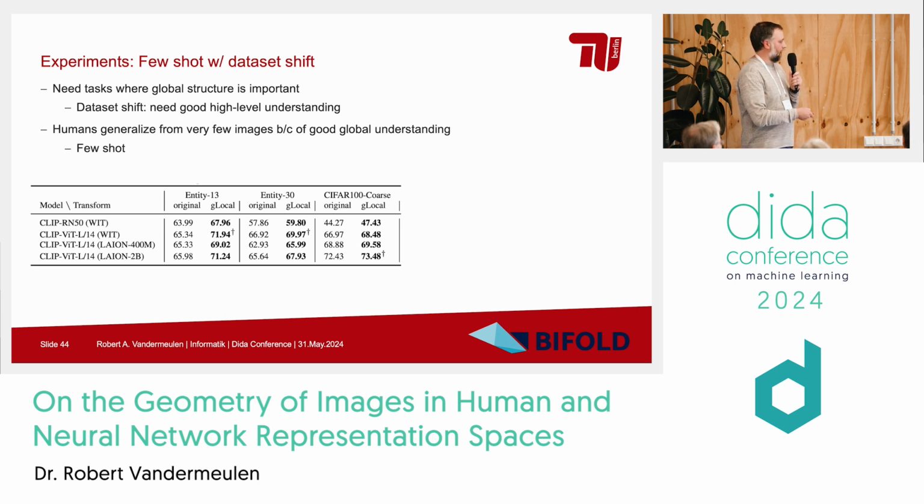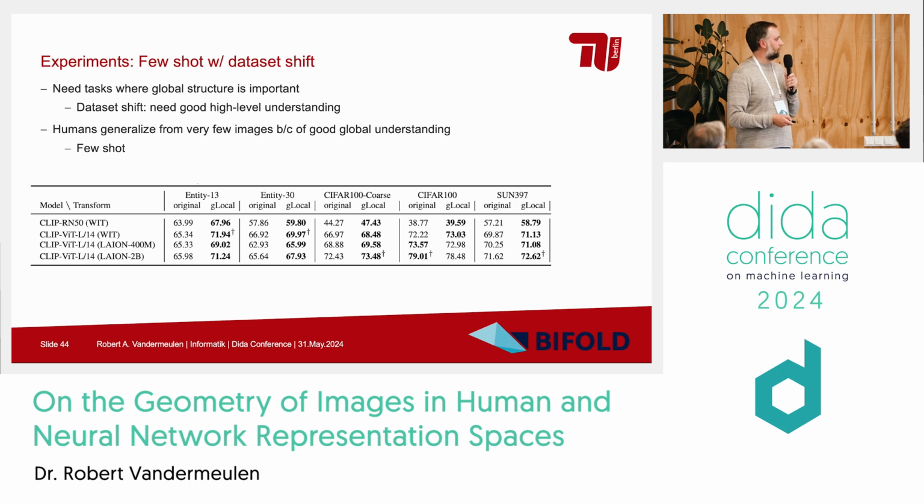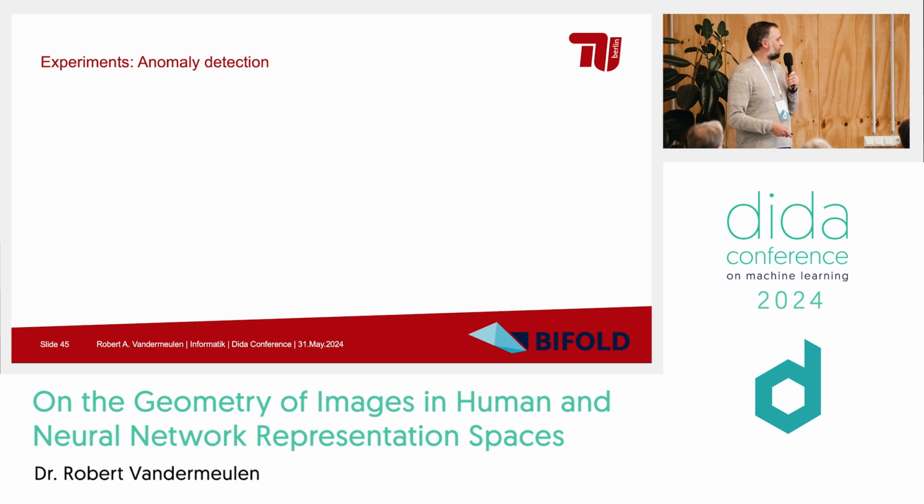Again, our image text models are doing the best. And for regular old CIFAR 100, it doesn't do the best anymore. We really need this sort of global structure to be part of the problem that we're interested in for this to improve things. There's SUN 397 and DTD. I'm not going to get into those, but some cases where it's not so clearly winning.